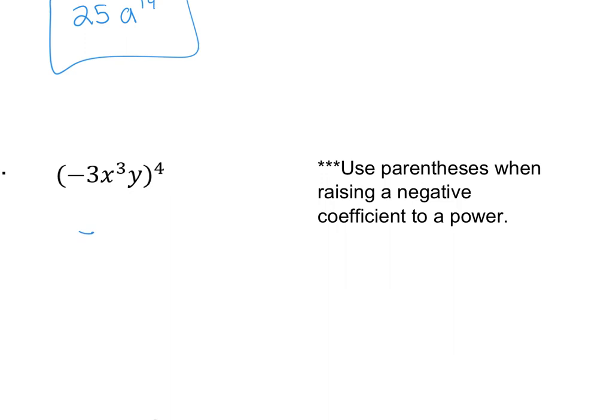So you could say negative to the fourth. What's a negative times a negative times a negative times a negative? Positive, right? Okay, so we know this is going to be positive. Probably not the way you're going to do it. Probably the easiest way to think about it is as negative 3 to the fourth power. Same thing. 81.